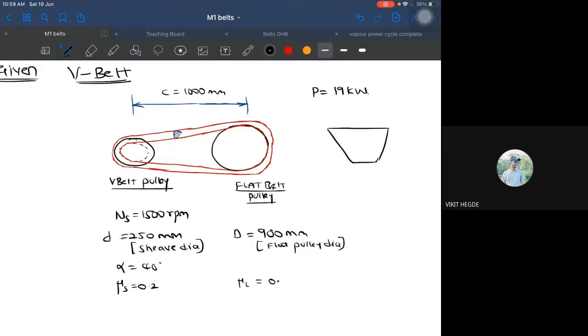Okay. It says the cross section of the belt is 40 mm wide at the top. So this is 40 mm.